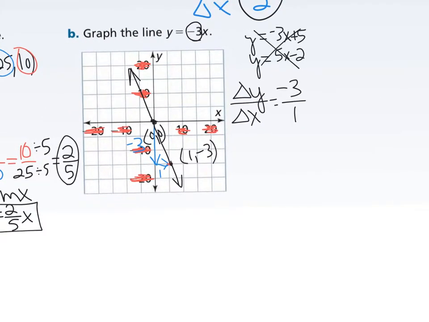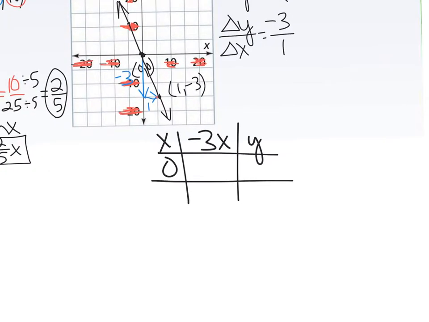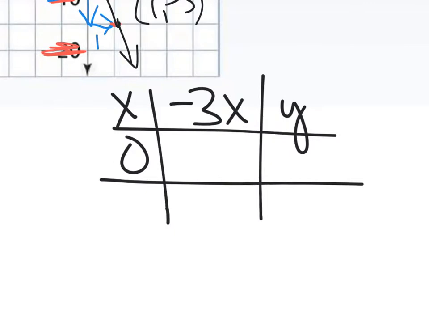Another option you guys have, we actually did this last year, is we could make a table. You may or may not remember this whole process, but if we're making a table, what we can do is just substitute numbers in place of x.